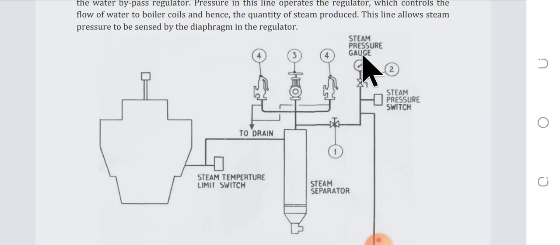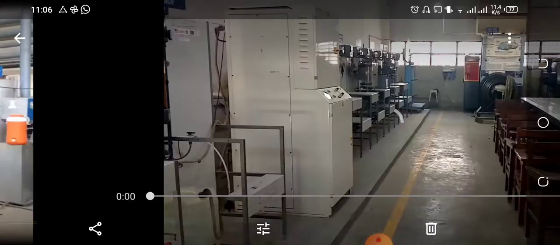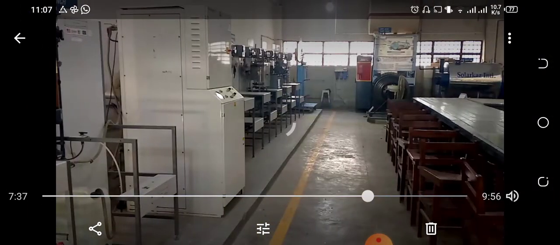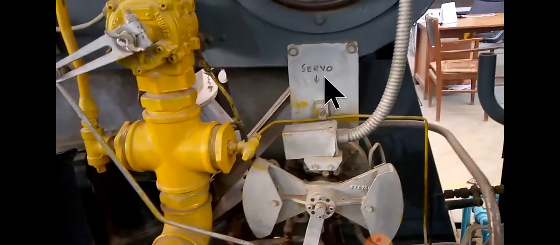We have a steam gauge which tells the steam pressure. I already showed it in the video. You see that this is the steam pressure gauge. Here we have different gauges.